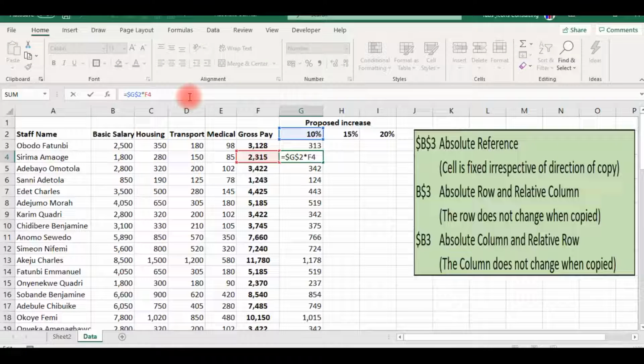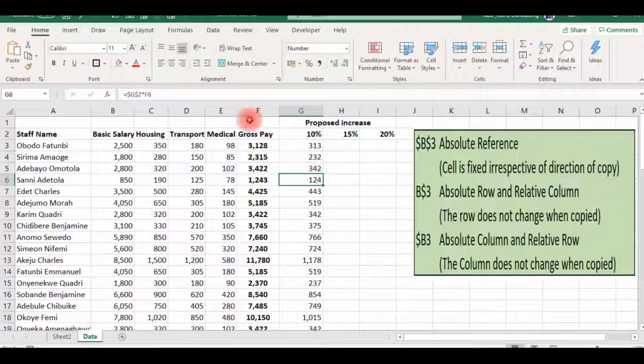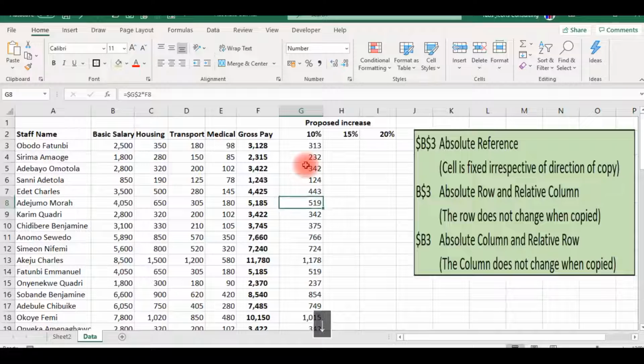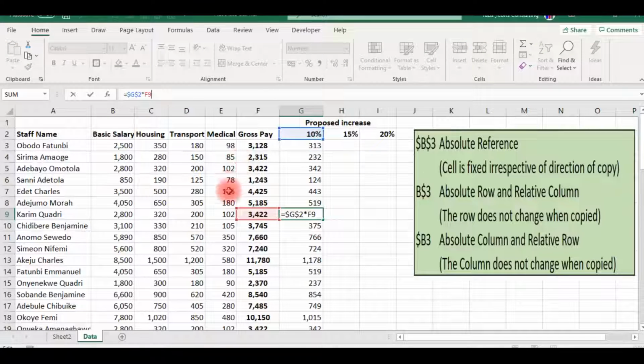This is 10 multiplied by this. So the only one that is shifting is the F column, because F column is a relative reference while G is an absolute reference. So each time I move down, my 10 is fixed while F is moving, which is the relative one.